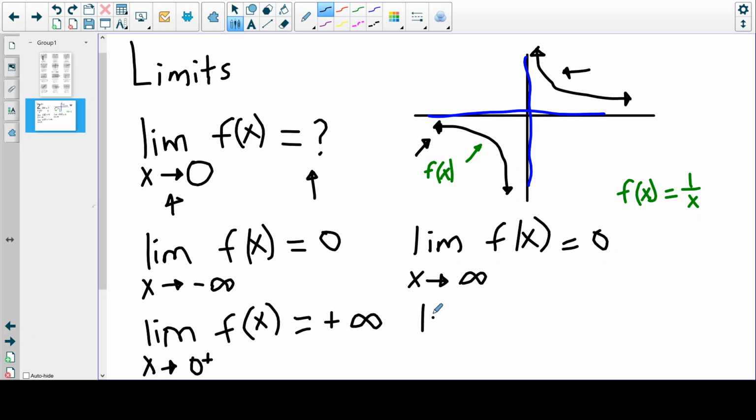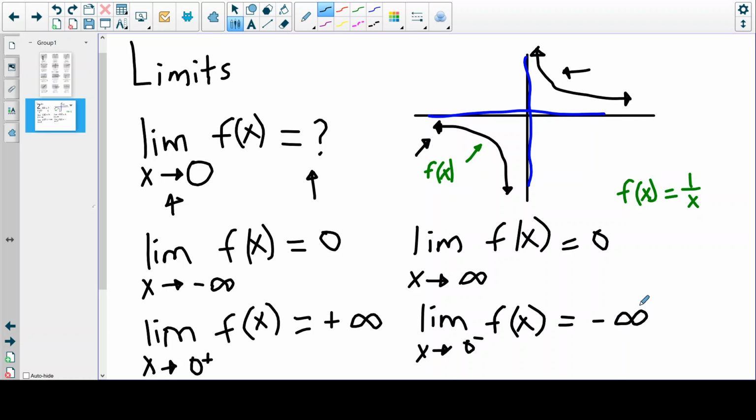To write the limit of the side of the function that goes to negative infinity, we'll do x goes to 0 from the negative side, from the left side, you can say. Need to add the function in there. It is going to negative infinity.